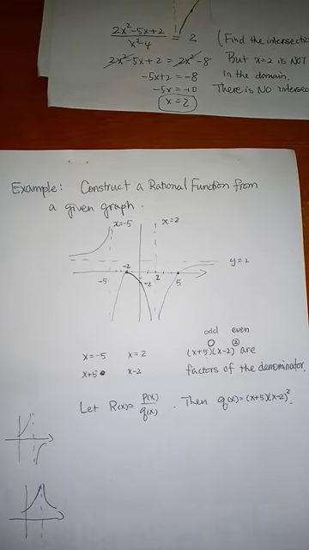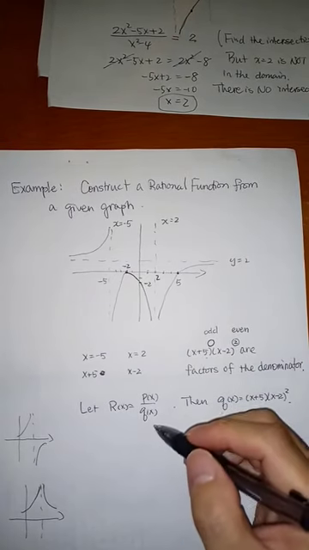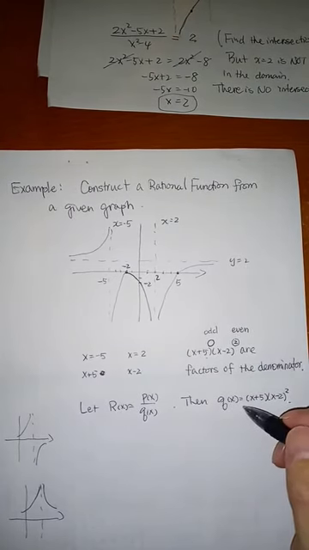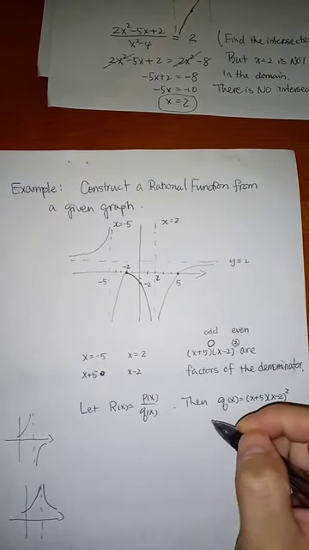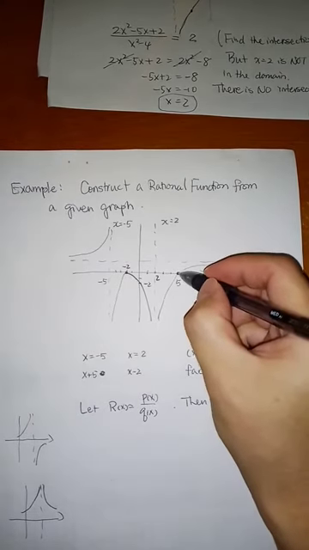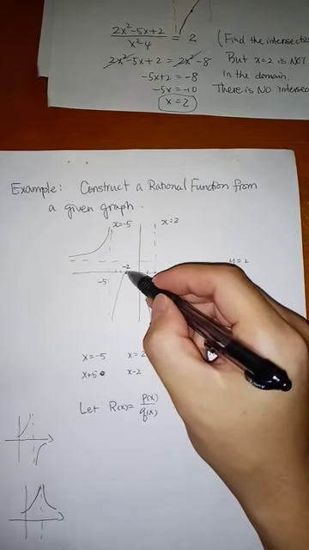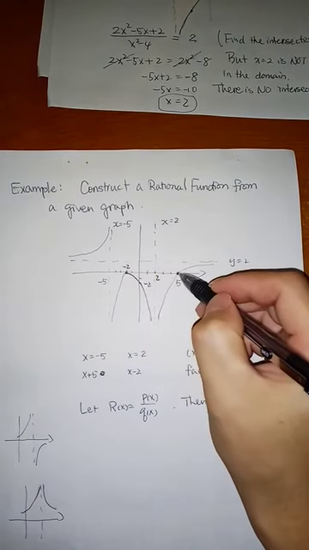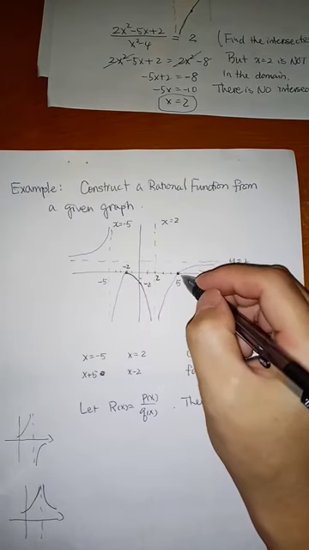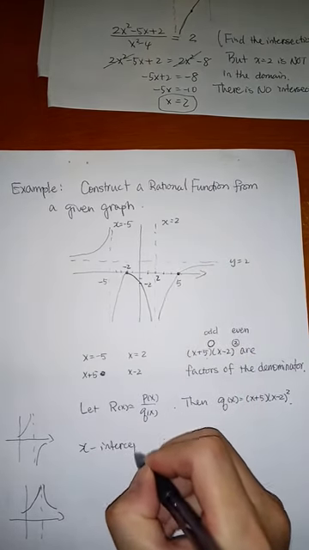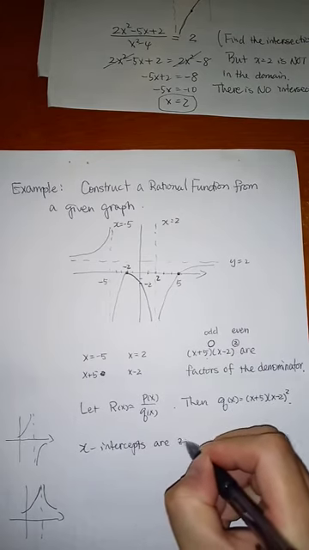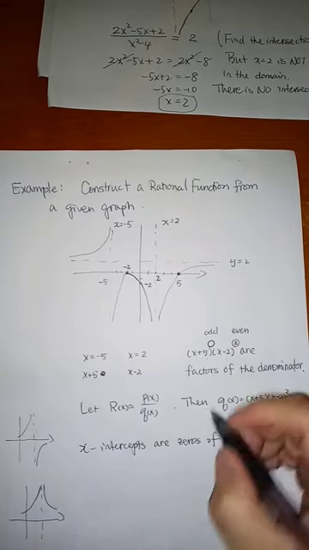Okay, so that is the property. That's Q. What about P? P gave us the x-intercepts. So let's check. There's one intercept at 5. There's another intercept at -2. The x-intercepts are zeros of the numerator.